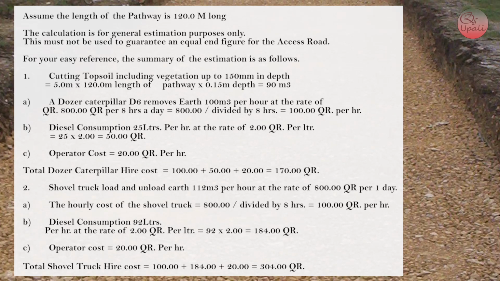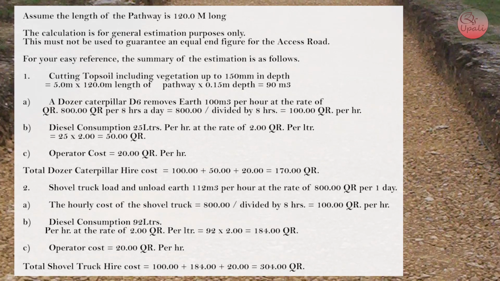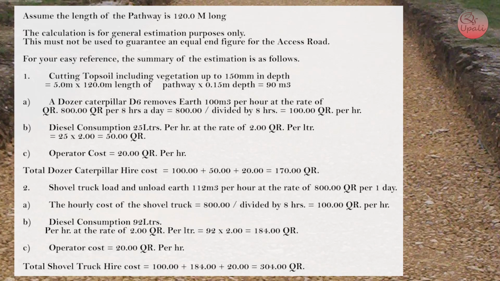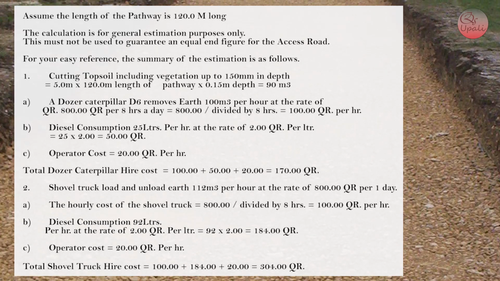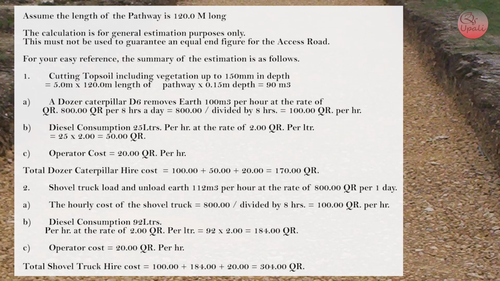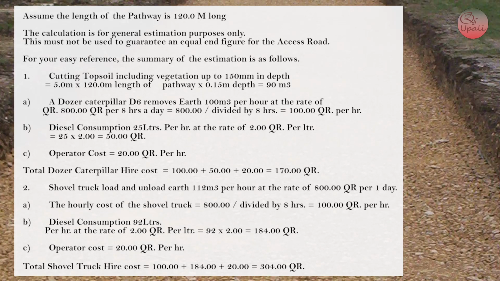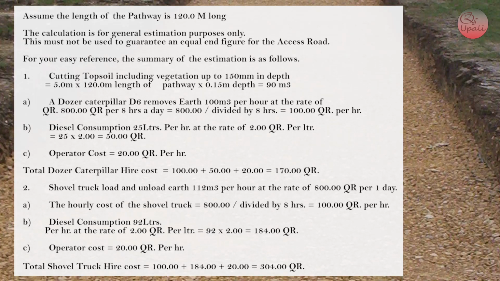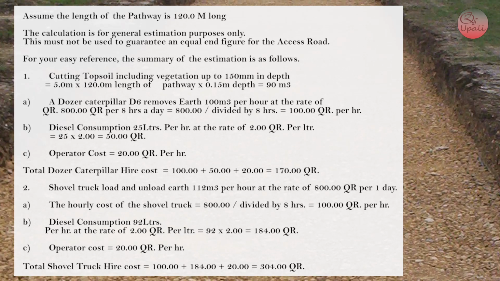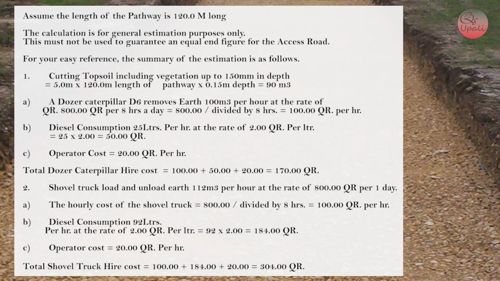2. Shovel truck load and unload earth 112 meter cube per hour at the rate of 800 Qatar riyal per 1 day. A. The hourly cost of the shovel truck equals 800 divided by 8 hours equals 100 Qatar riyal per hour.